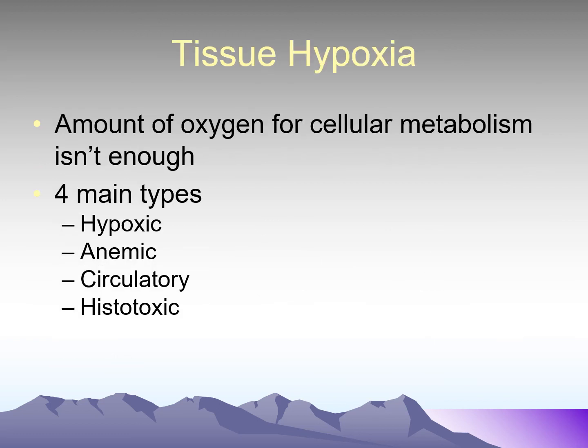Now we're looking at the 4 different types of hypoxia, tissue hypoxia. We have hypoxic hypoxia, anemic hypoxia, circulatory hypoxia, and histotoxic hypoxia. So for some reason there's not enough oxygen for cellular metabolism.